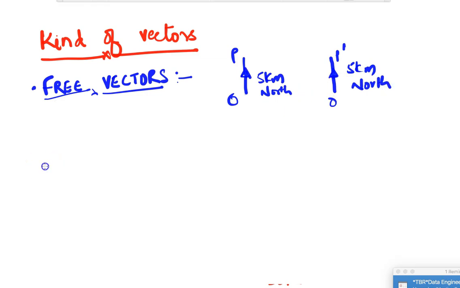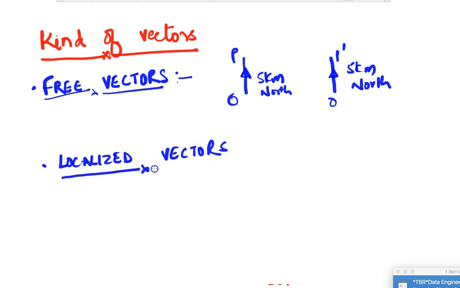there is another concept called localized vectors. So what does that mean? Localized vectors may be in the same direction and have the same magnitude, but the impact of that vector on any physical quantity is different. So let's take an example.